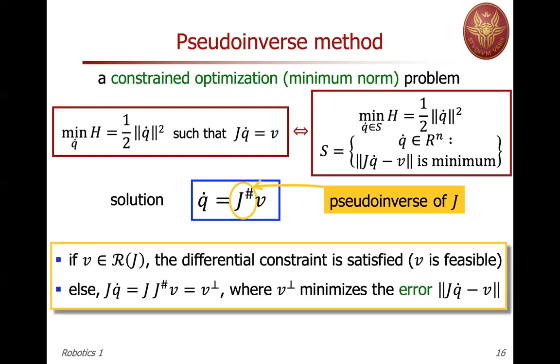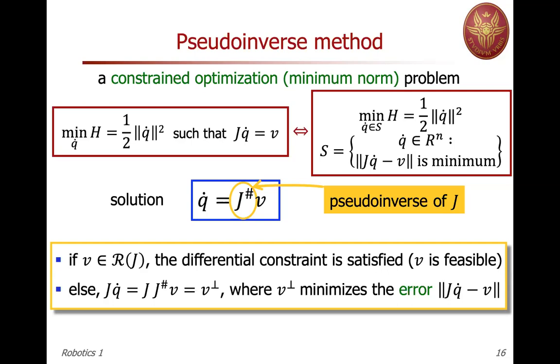Now, there are two situations that we should be aware of. If, as I said, the Cartesian velocity, the task velocity, belongs to the range of the Jacobian in that configuration, remember, everything is done at every configuration. So in a discretized version, every millisecond, in a continuous version, at any time. Of course, continuous versions are not feasible.